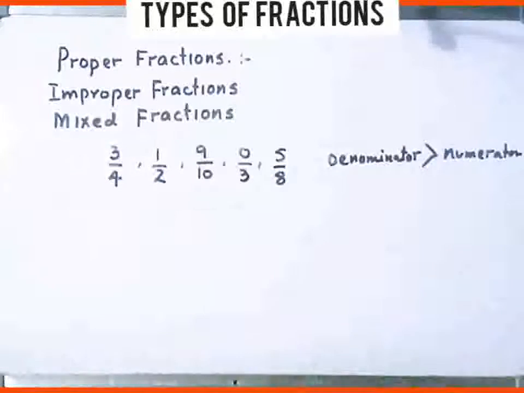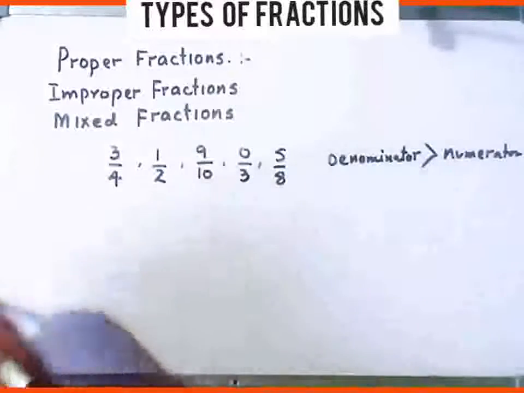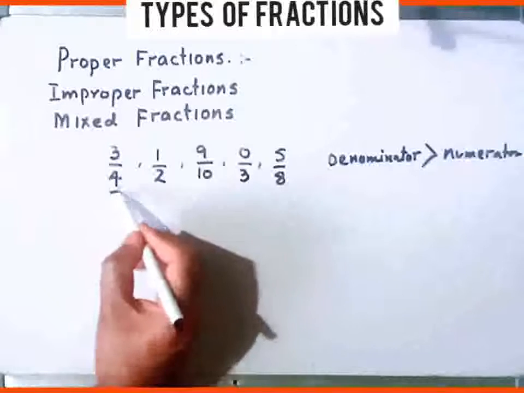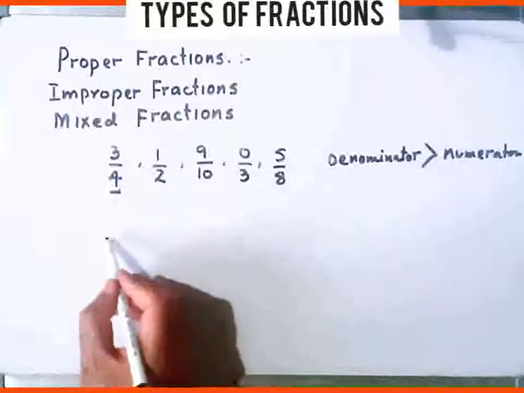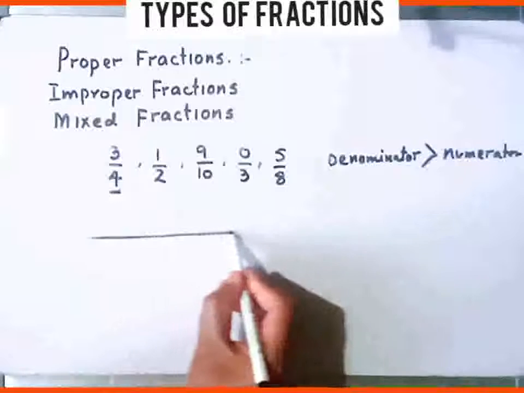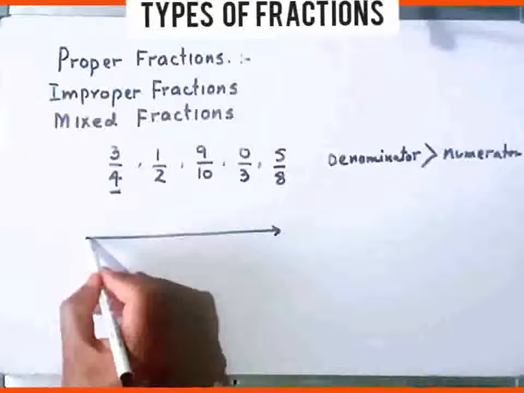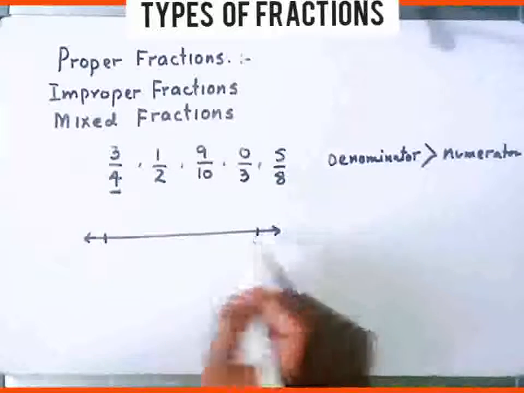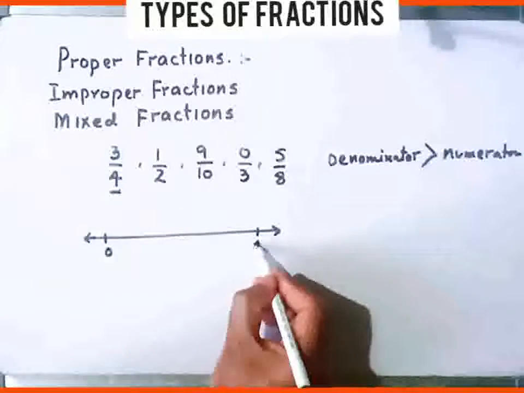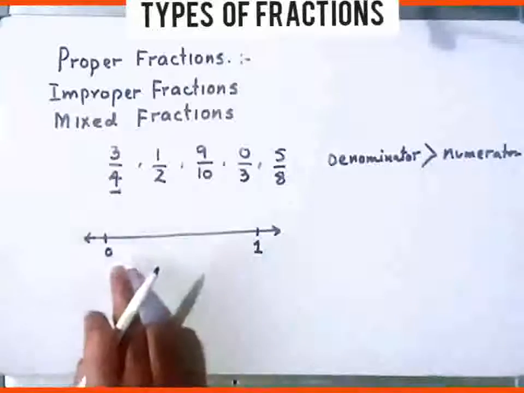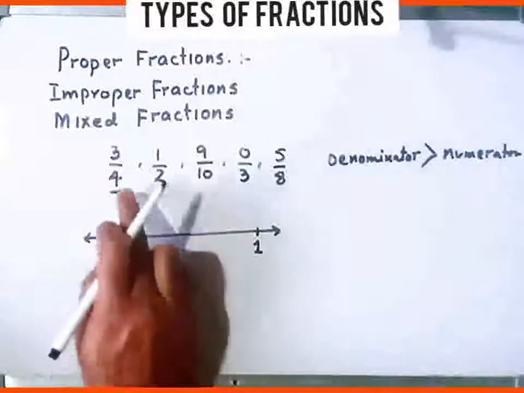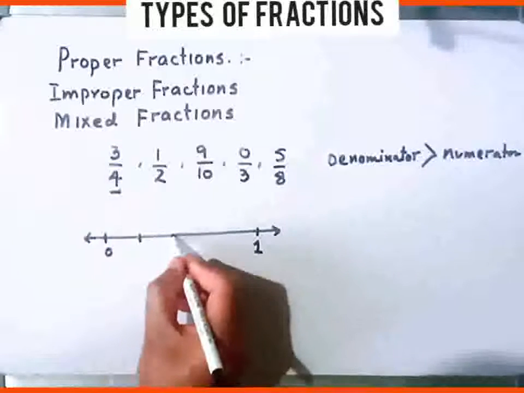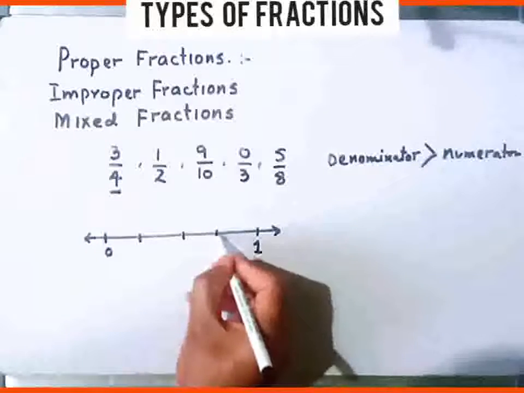Now let's try to locate them on a number line. 3/4 means we have to take a number line. This is a number line. We have to divide the distance between 0 and 1 into 4 equal parts. The denominator is 4. That means 1, 2, 3 and 4.